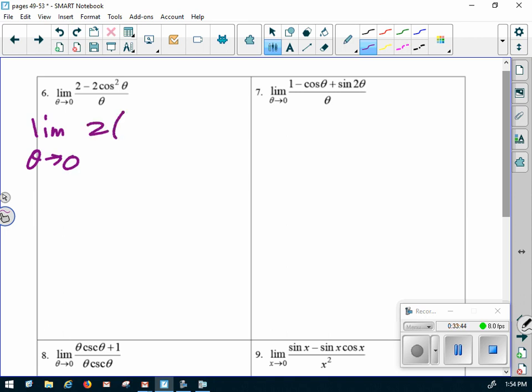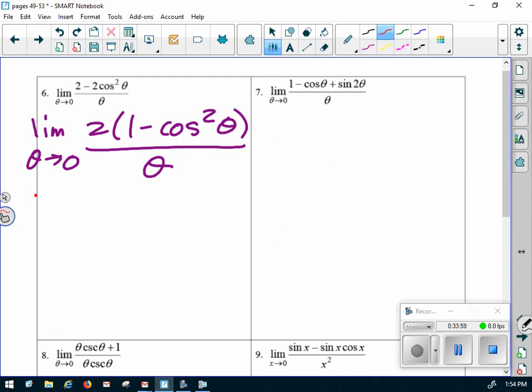I'm going to factor a 2 out of that numerator. What can I do with that 2? So this is 2 times the limit as theta approaches 0 of 1 minus cosine squared theta. What else?